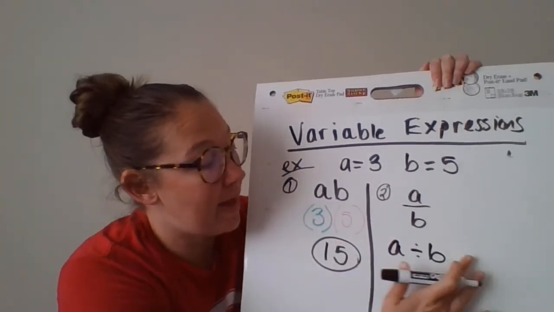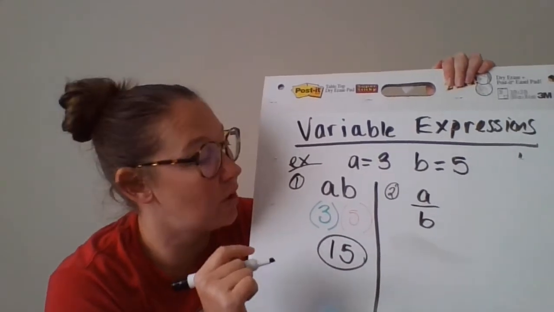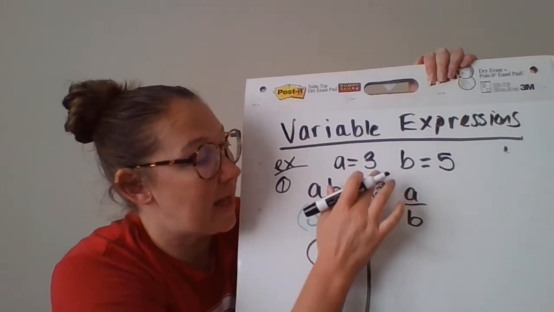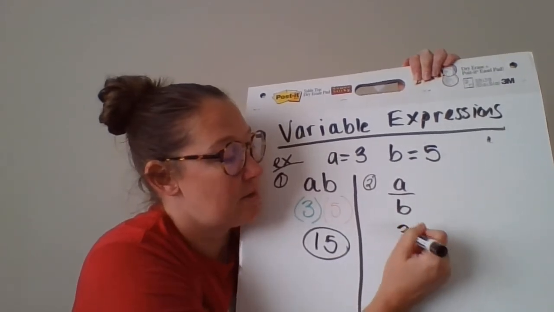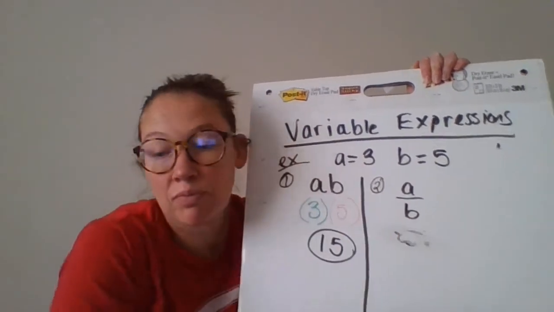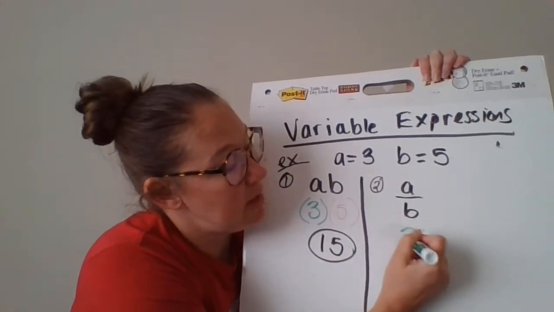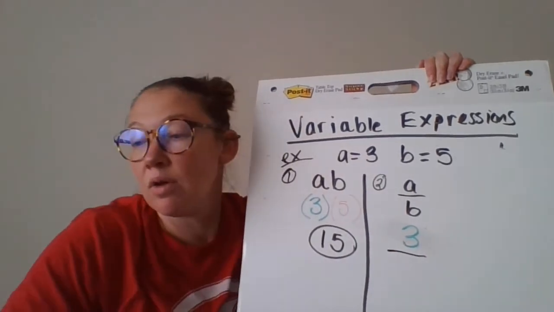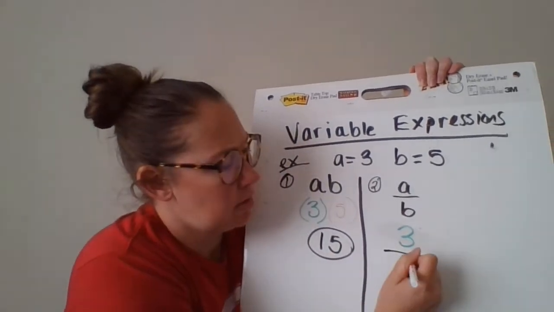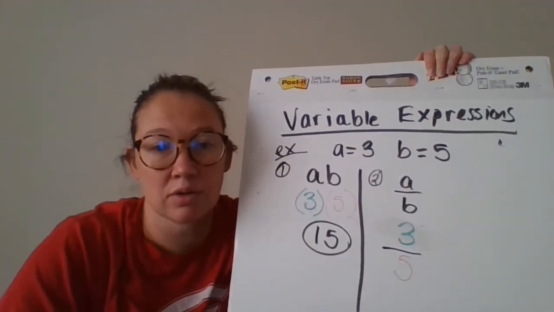Either way, I'm taking A and I'm dividing it by B. Now, as you can look ahead, you can see that if A is 3 and B is 5, well, that's going to be an interesting division problem. I'm going to have 3 up there, and I'm going to have 5 down here. Well, if you notice, that's already an answer.